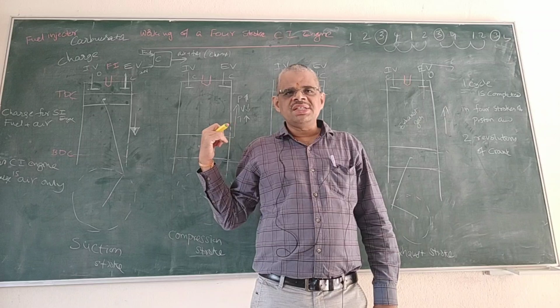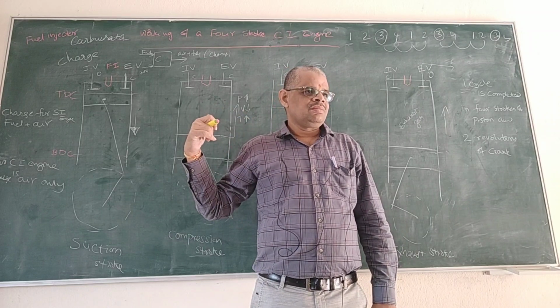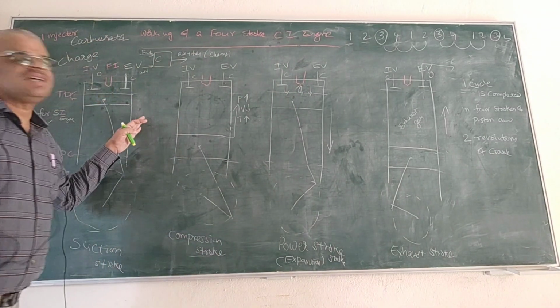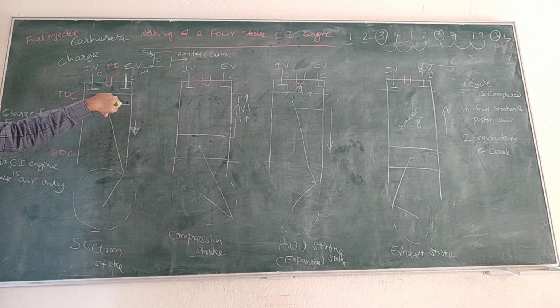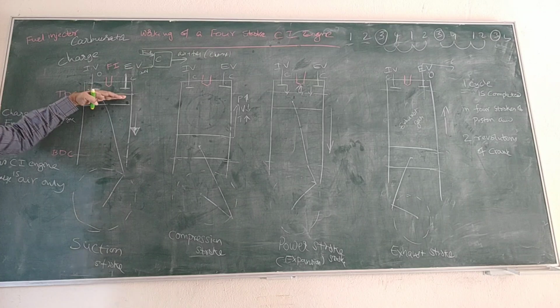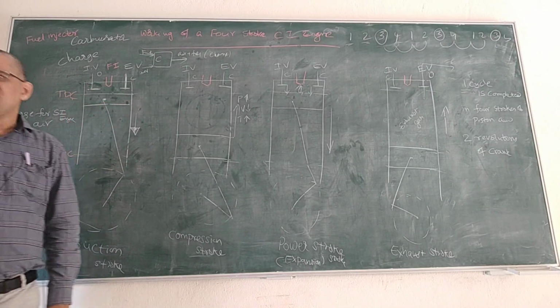Generally this is used in diesel engines. SI engine is used in petrol engines. So here diesel is the fuel mostly. The principle is the same, just like our previous case. Initially the piston is at TDC and it starts moving towards BDC.